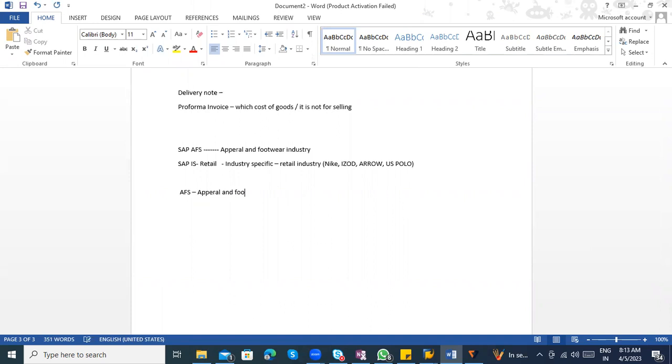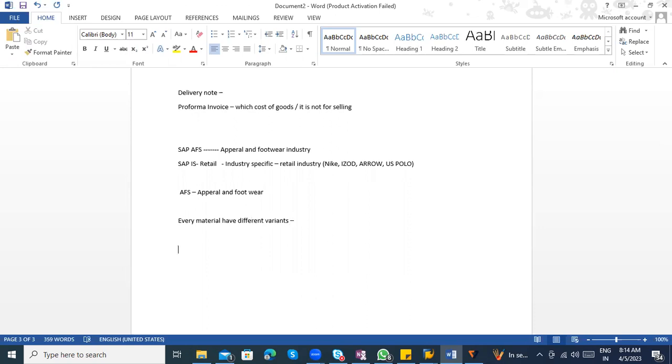What is happening in the apparel and footwear industry or IS retail, and why is it completely different from the standard? In apparel and footwear, every material has different variants. What is the meaning of variants?